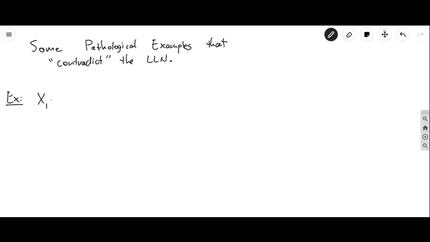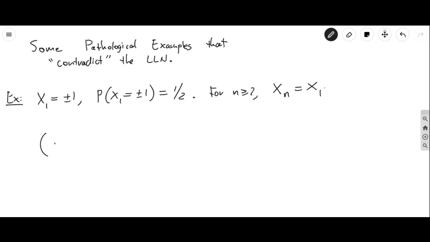Let's say x1 is plus or minus 1, and the probability that x1 is plus or minus 1 is 1/2. So a coin toss. And then for n greater than or equal to 2, every other random variable in our sequence is identical to x1. So in other words, if we get heads, then our random sequence would be 1, 1, 1, 1, 1.